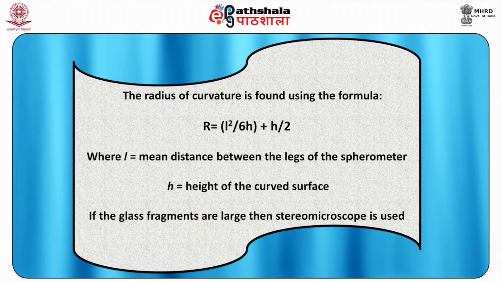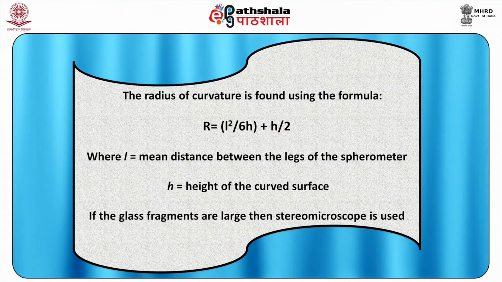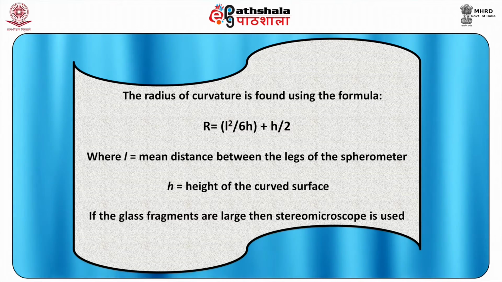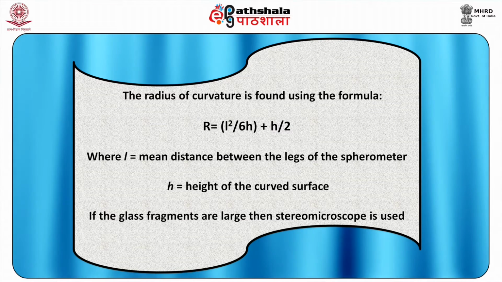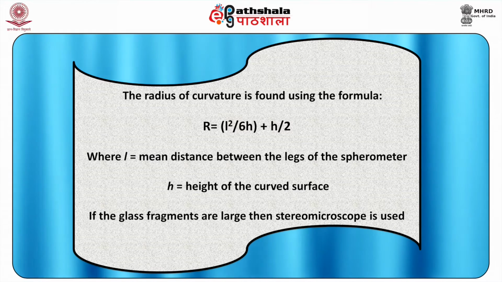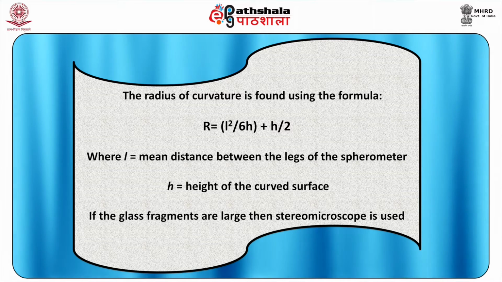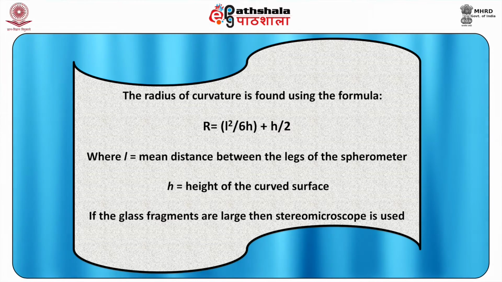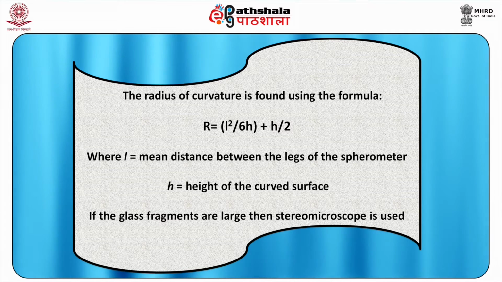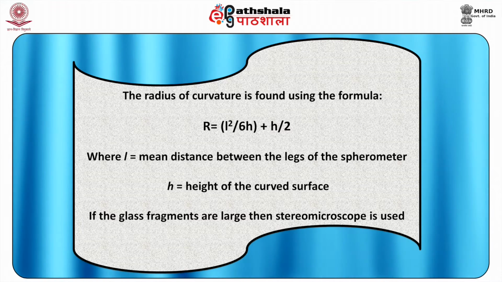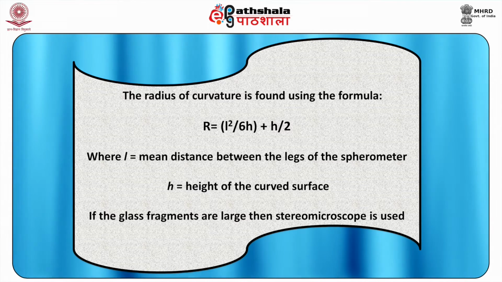Now, this height of the curved surface can be precisely measured by first keeping the spherometer on a plain glass surface and then on the curved portion, and the distance will then give us the height of the curved surface. Now, if the glass fragments are very large, then a stereo microscope can be used.